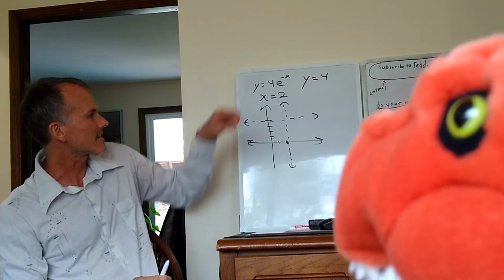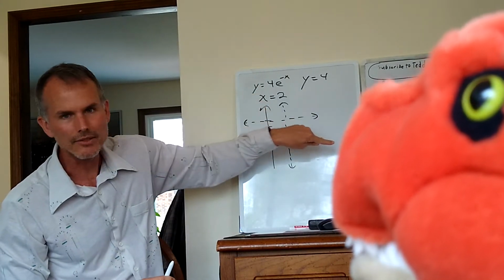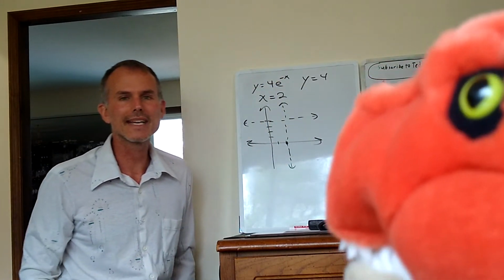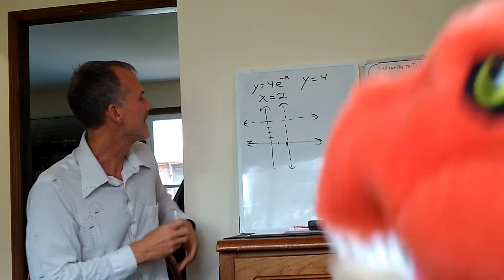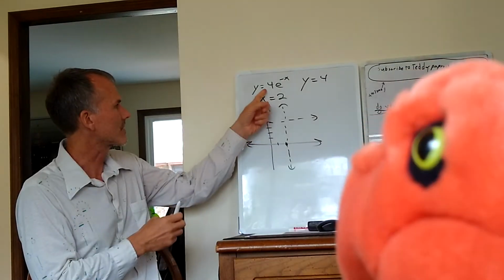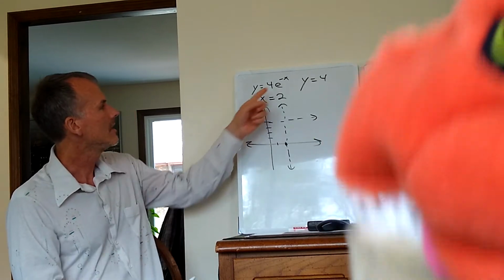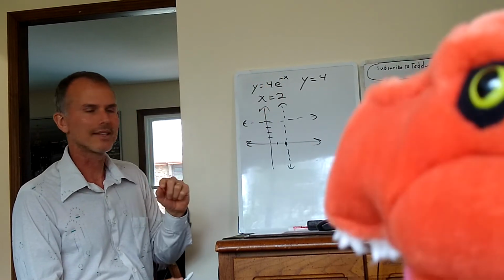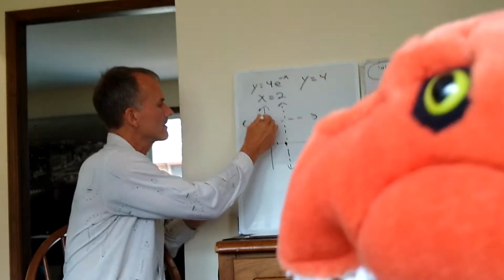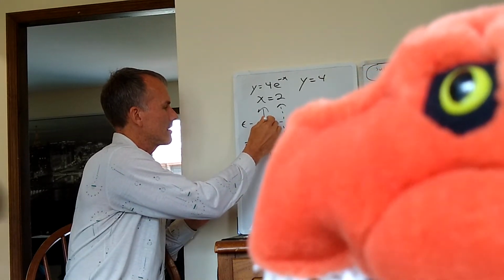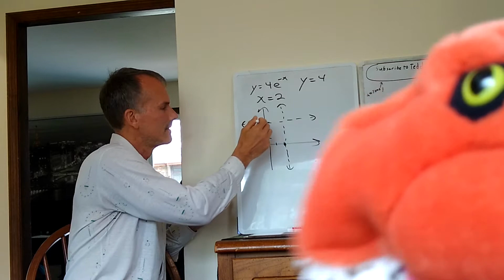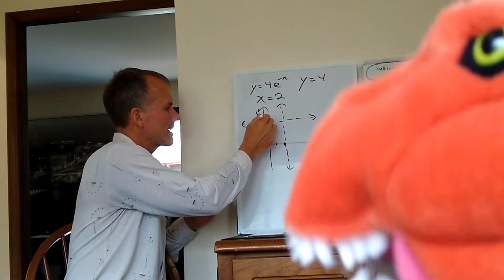e to the negative x is an exponential that decreases because of the negative exponent effect. And the fact that there's a coefficient of 4 means that the y-intercept is going to be at 4, because remember, e to the 0 would be 1, so 4 times that. So it's going to look about like this. It'll pass through there and go down somewhere.